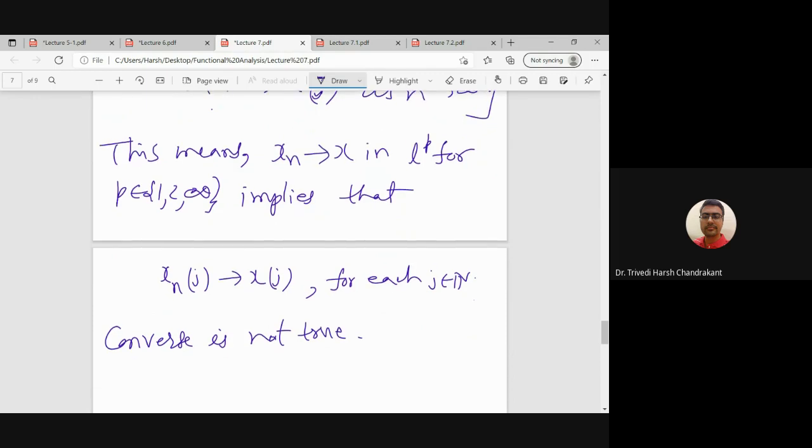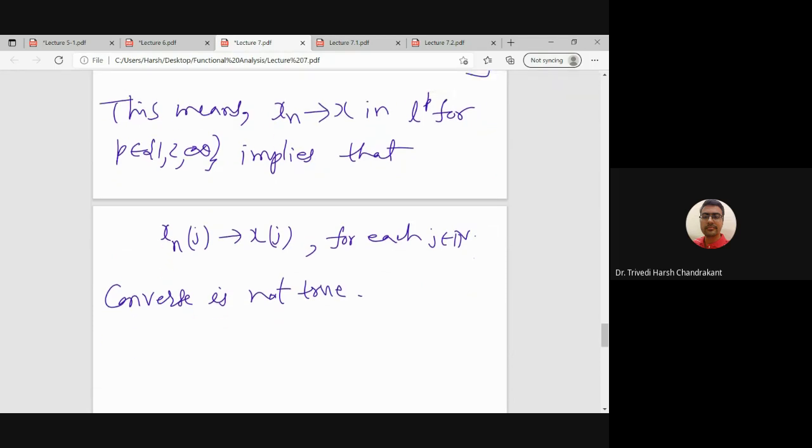So to see the converse, we will see the functions which are a generalization of e1, e2, en. So we know that e1, e2, en are the orthonormal bases of Rn or Cn, right? So we remember it is 0, 0, 0, 1, 0, 0. So nth coordinate is 1, other coordinates are 0. So that we will generalize here.